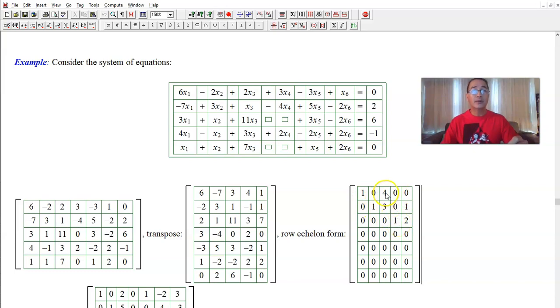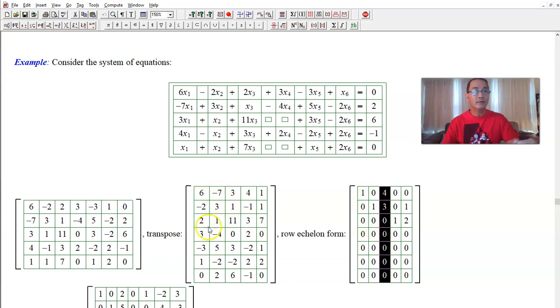Okay, so our free variables are in column 3 and in column 5. Okay, so if we were back in the old minimizing theorem, it will say that the third column is 4 times the first column plus 3 times the second column.